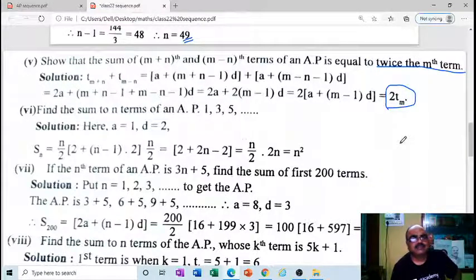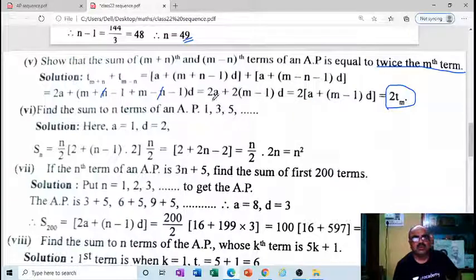Expand it. a plus a will be 2a. m plus n minus 1, m minus n minus 1 into d. Plus n minus n goes. m plus m will be 2m. Minus 1 is minus 2 into d.